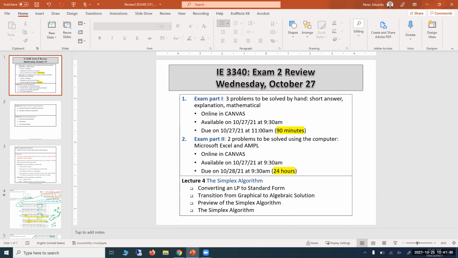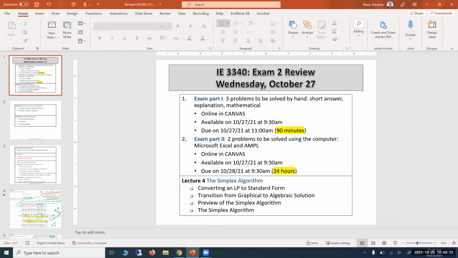Exam part 2. So for the first part, you have 90 minutes to work on the exam. It's from 9:30 to 11 a.m. So you have to upload your answers to those 3 problems within the scheduled time for the class. Exam part 2, you will have 24 hours. In the second part of the second exam, you have 2 problems to be solved using the computer, using Excel, and the second problem will ask you to use Ample.